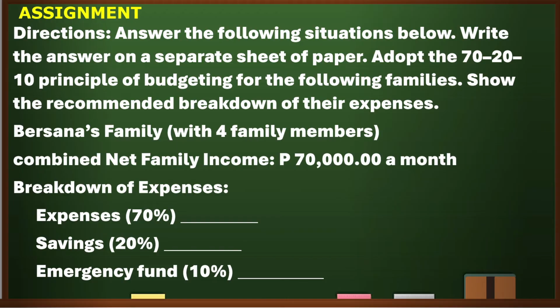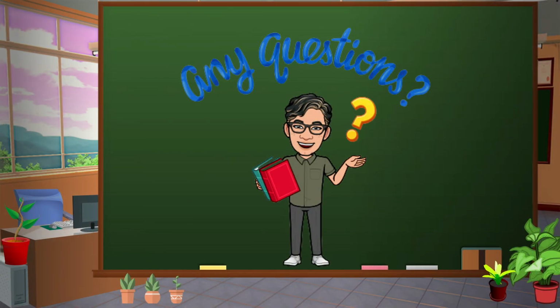Bersana's family, with 4 family members, has a combined net family income of 70,000 pesos a month. Then get the breakdown of expenses, which consists of 70% under expenses, 20% under savings, and 10% under emergency fund. Do you have any questions?